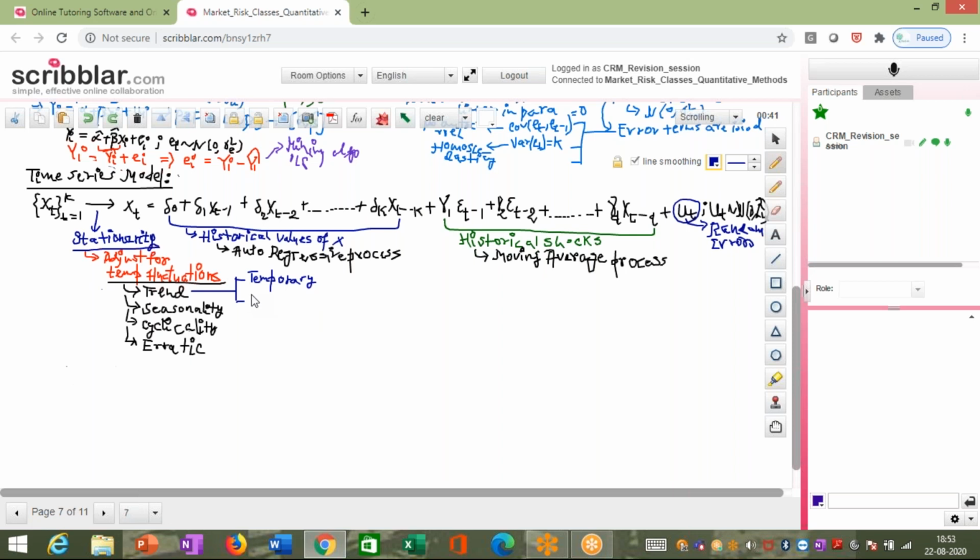The next part that we have over here is the permanent change in trend. How to treat a permanent change in trend is easier, because once you observe that a permanent change in the long-run trend has happened, you just take the data with the newest trend. The data from the older trend is not included. So a permanent change in trend is easy to identify and handle.